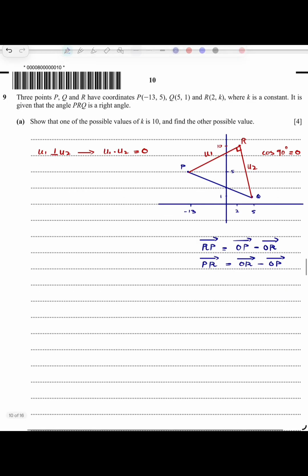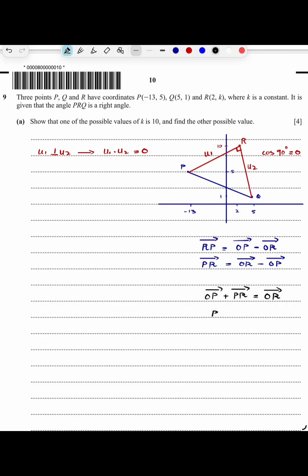Because it comes like this: if these are the two, I know this plus this is going to give me this. So let me write this as well just for revision. I know that OP plus PR is like going from O to R. I'll highlight it again. From O to P and P to R, the starting point was O and the end point was R. So going from O to P first and P to R gives me OR, right.